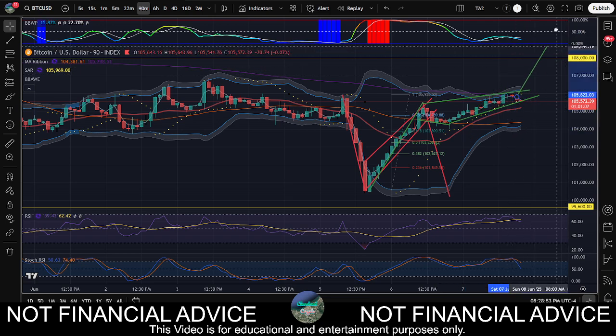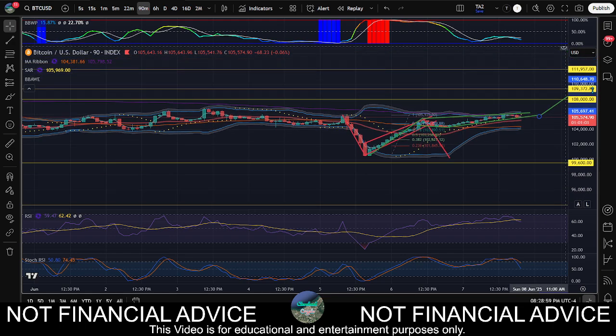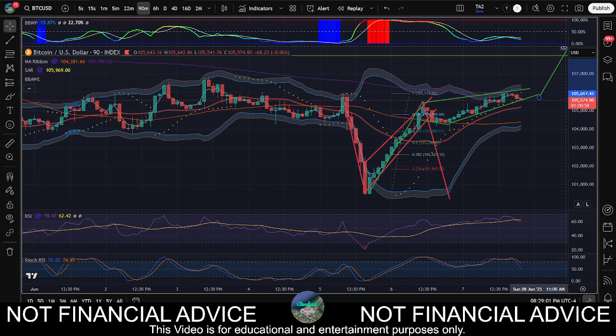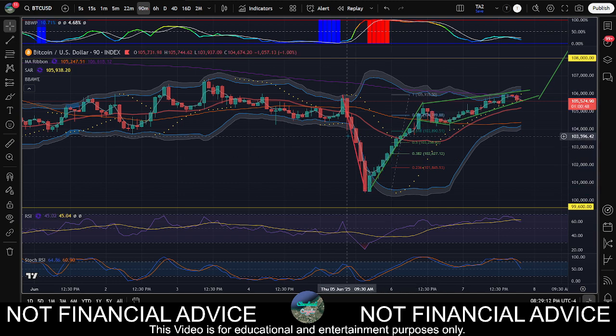We'd come up right to the 200 here. So let's say we break out from here. How much higher up are we going? 110.5-ish. All right, well, let's see what happens. I mean, we did come up, so let's get rid of this bear flag. Bear flag gone. Goodbye, bear flag.